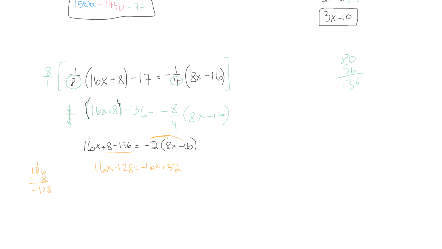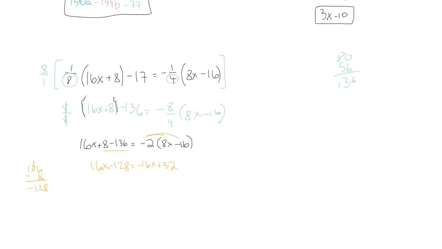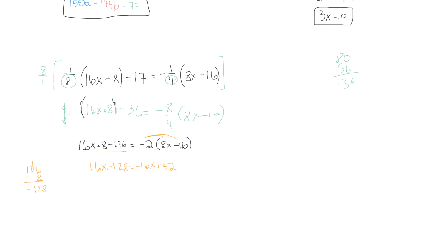Now when I get all my x's, I like to get all my x's on the left side. So I'm going to move over this minus 16x and it becomes a plus 16x.